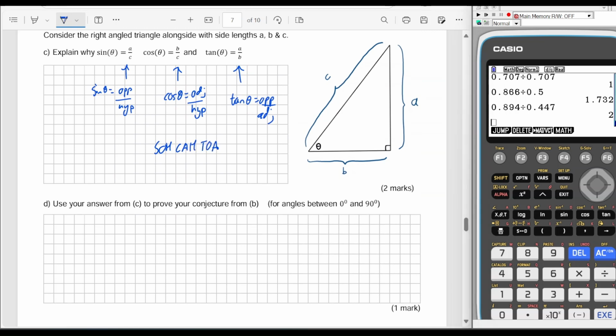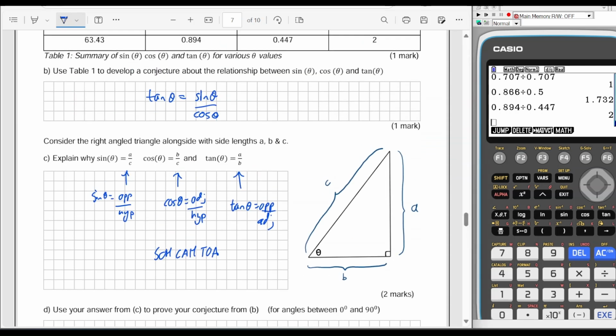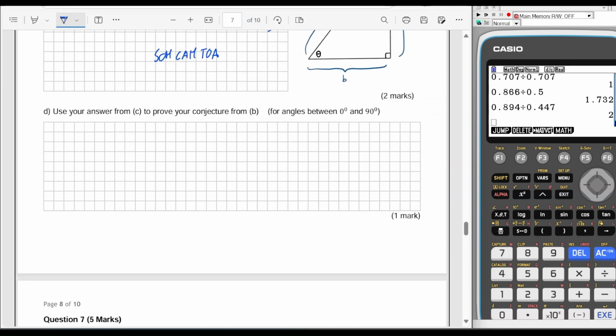Now, use your answer from C to prove your conjecture from B. When you're proving a conjecture, it's nicer if you start with the messier thing and try to simplify it to the cleaner thing. So we'll start with sine theta over cos theta.